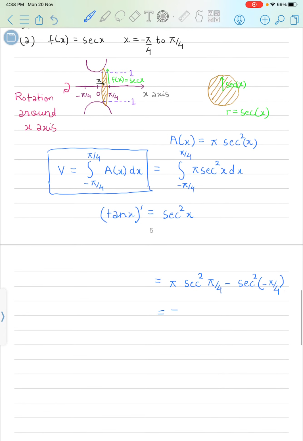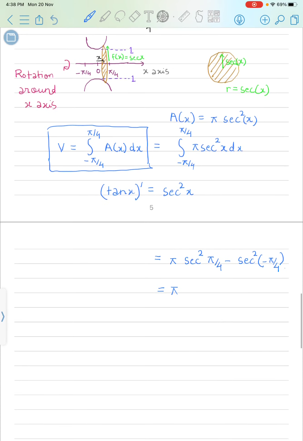Sorry, what am I writing? This should be tan π/4 minus tan(-π/4). So tan π/4 is 1, and tan(-π/4) is -1.